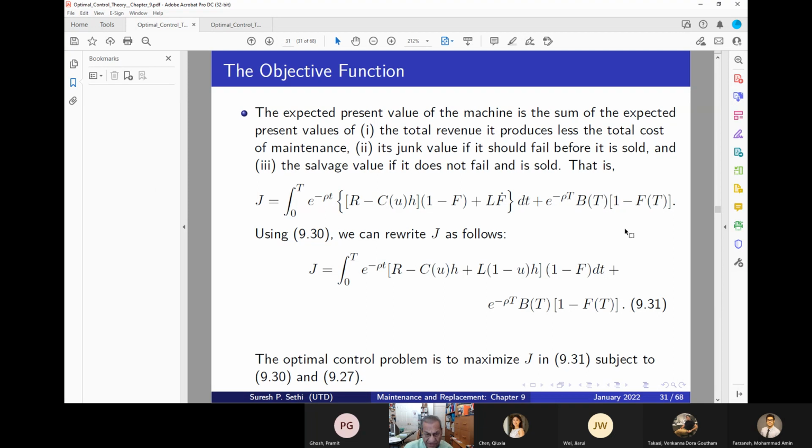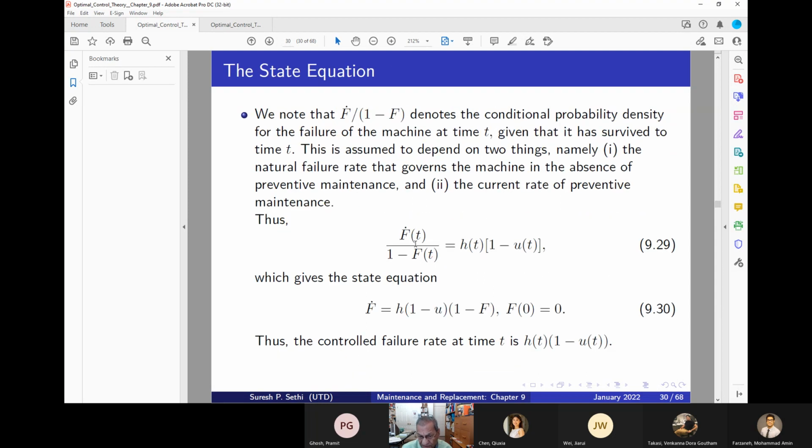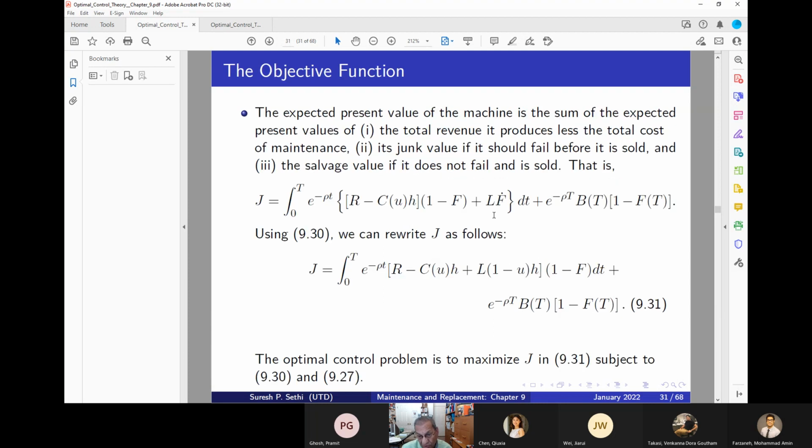This is intuitively very correct, and that's what Kamien and Schwartz do. And notice f dot dt, you can change that to df dt, and df dt you can substitute from here, or you can substitute f dot from here. Then I have this formula, and this formula is a Meyer form.